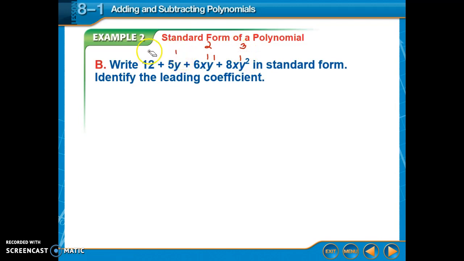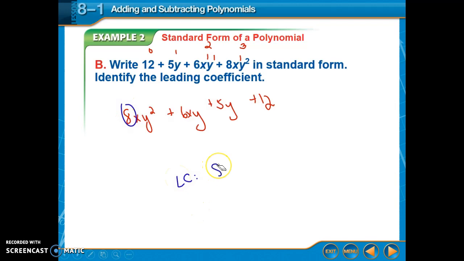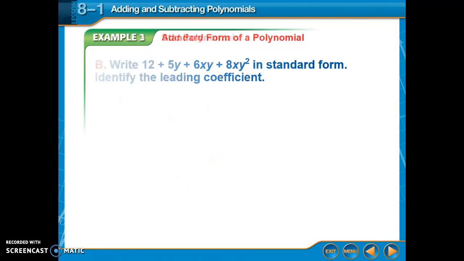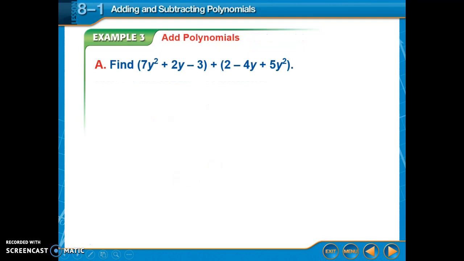This one would be 1, and this would be 0. So this is the order I want to put them in. I want to start with 8xy squared, and then go to 6xy, then 5y, and then plus 12. So that's standard form, and then the leading coefficient is that first number, 8.